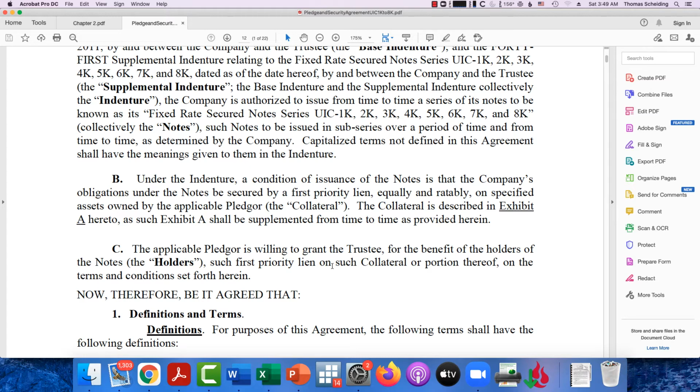Oh, how interesting. If you read this document and you know a little bit, you're actually not buying those trailers. It's a first priority lien on those trailers. So they've bought those trailers in some other fashion.